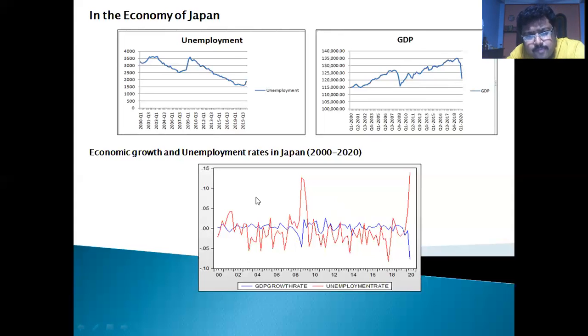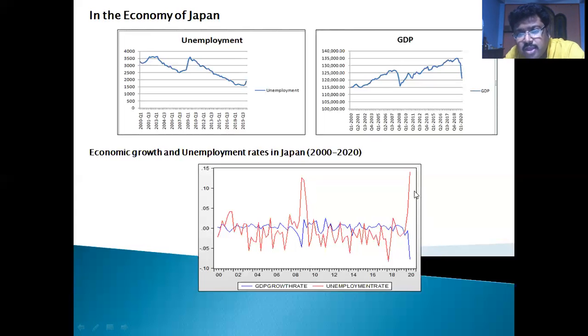Now, if you look at the rate structure, over the period of my study you can find that there is a decrease in GDP growth rate and, at the same time, an increase in unemployment rate. And when there is an increase in GDP growth rate, then there is a fall in the unemployment rate.